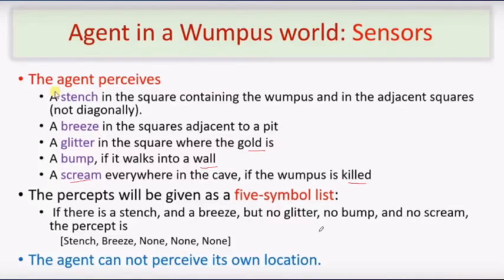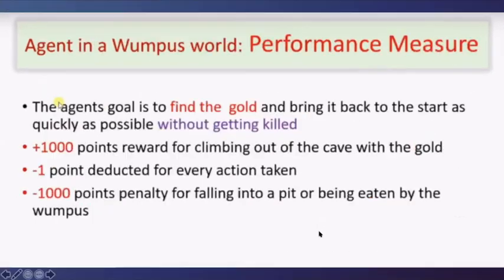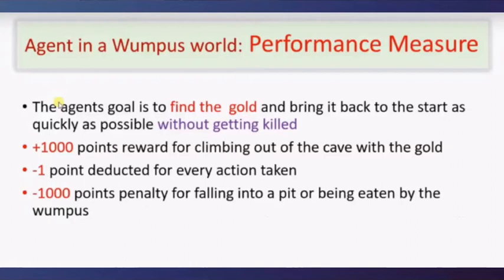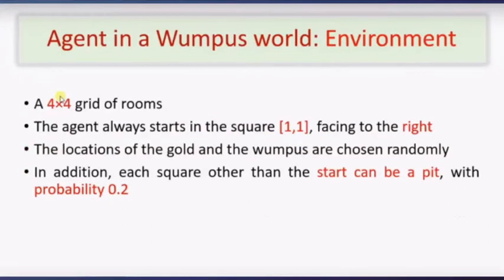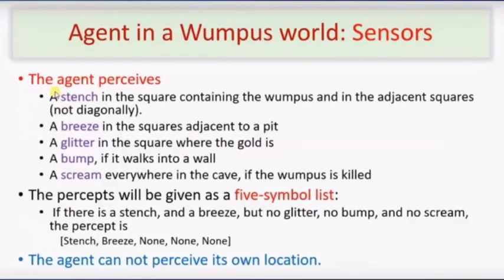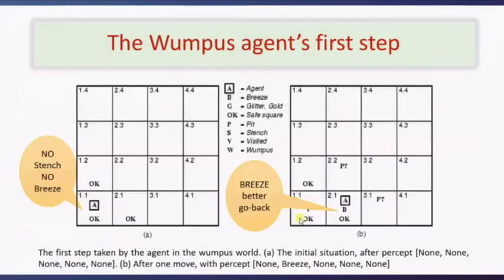Okay, so we know what the knowledge base is. So whatever is in the performance measure is the knowledge, whatever is in the environment is the knowledge, and what actuator it has, what sensing it can do, all those things will come later on.